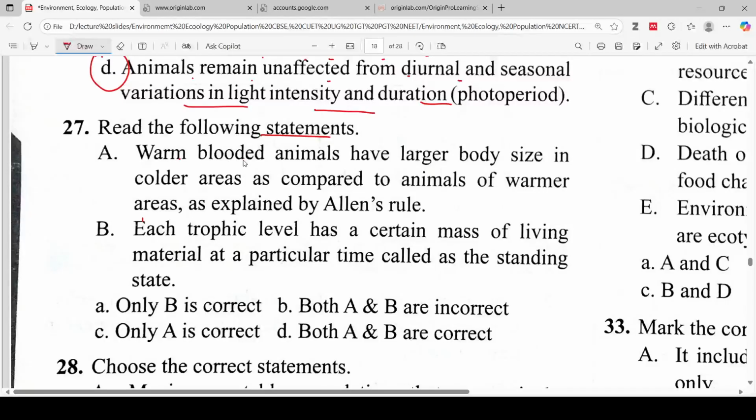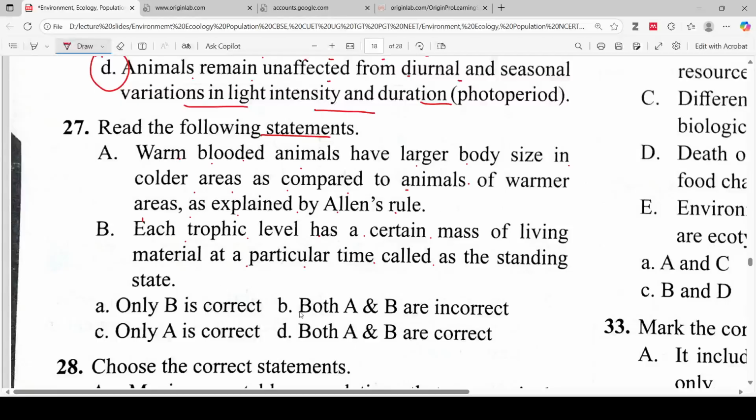Next, read the following statements. Warm-blooded animals have larger body size in colder areas as compared to animals of warm areas, as explained by Allen's rule. Each trophic level has a certain mass of living material at a particular time called standing state.